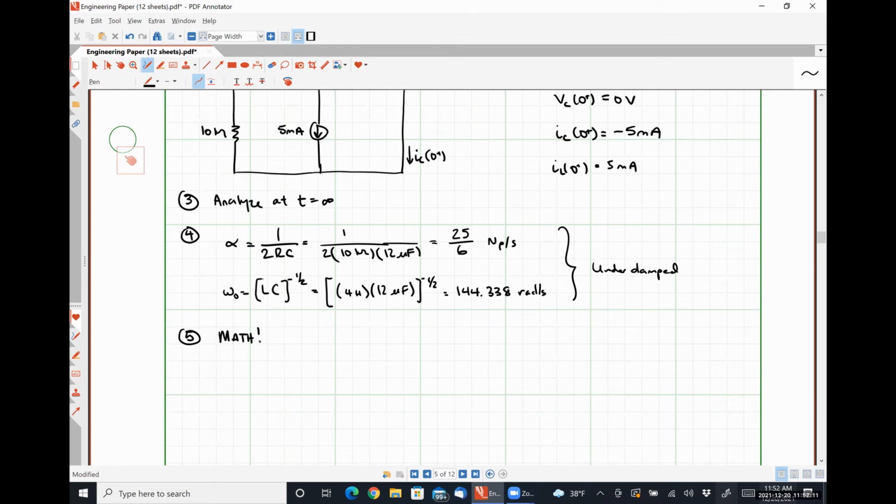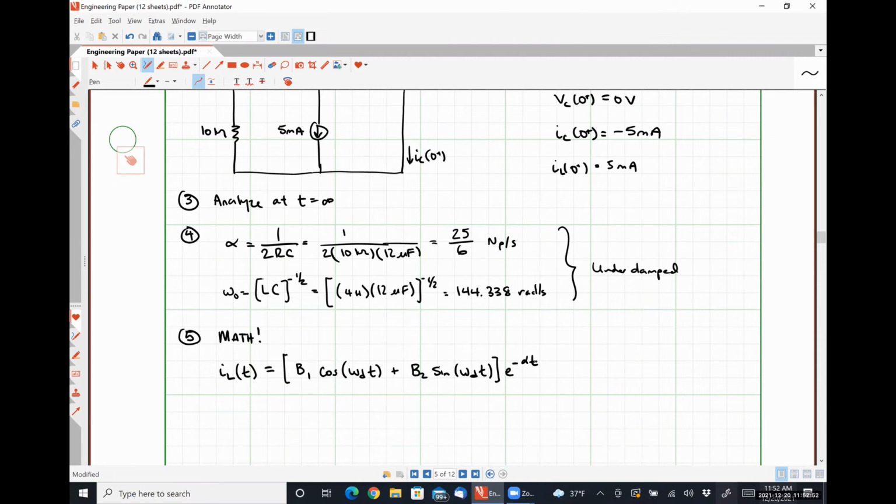So since our circuit is underdamped, we know that it will have a response of the form B1 cosine omega d t plus B2 sine omega d t, times e to the minus alpha t.